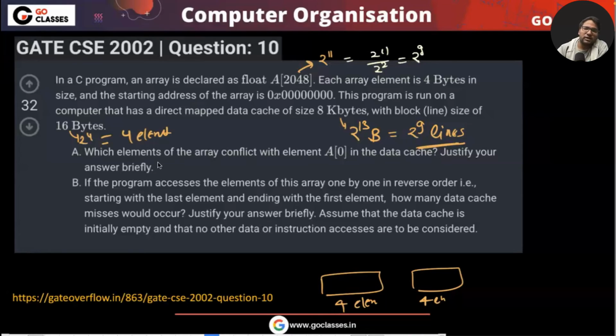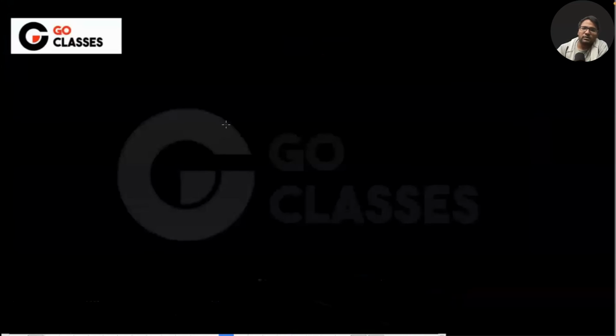Okay, that's interesting. So they are saying that there is an array that is going to consume 2 power 9 blocks. And then this is your cache, which is also having 2 power 9 blocks.